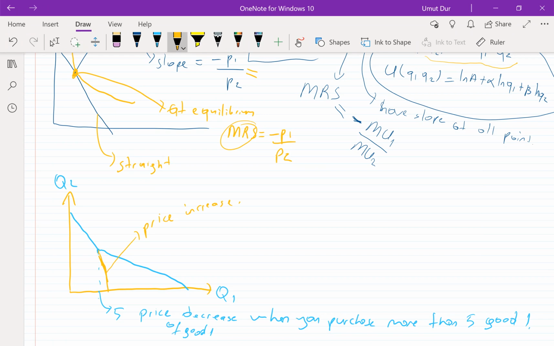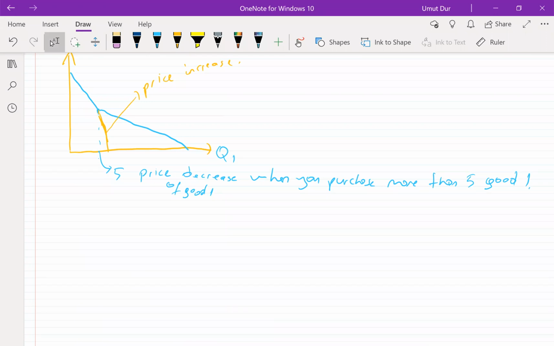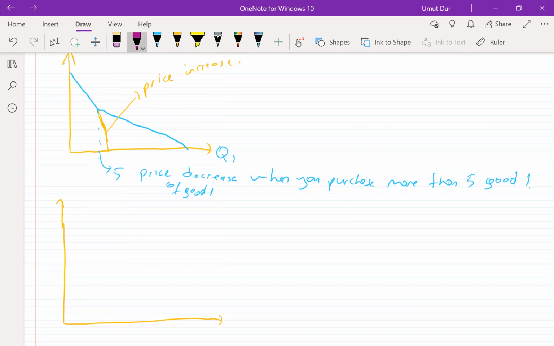The question that I will be interested in is: if we have a kinked budget line like this, where up until one point the price of good 1 is higher, and it becomes lower after some point, this is our budget line.